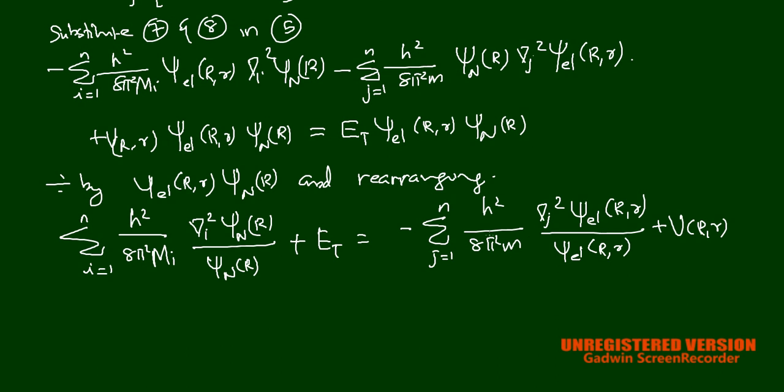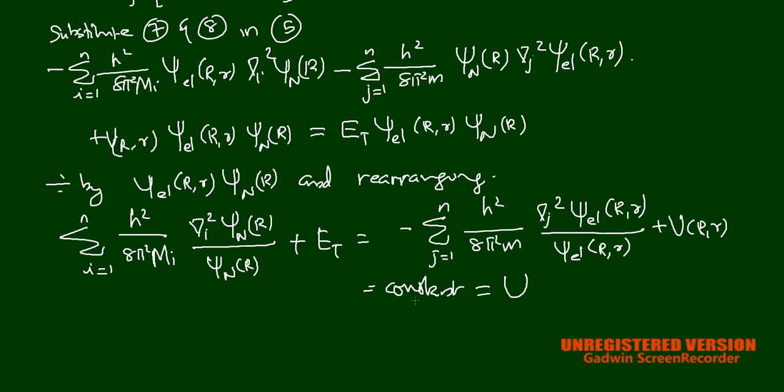So we are doing the differentiation on both sides, but with respect to different coordinate systems, and that means both sides of the equation will be equal to a constant. We have done this type of step previously also. Let us say this constant is u.